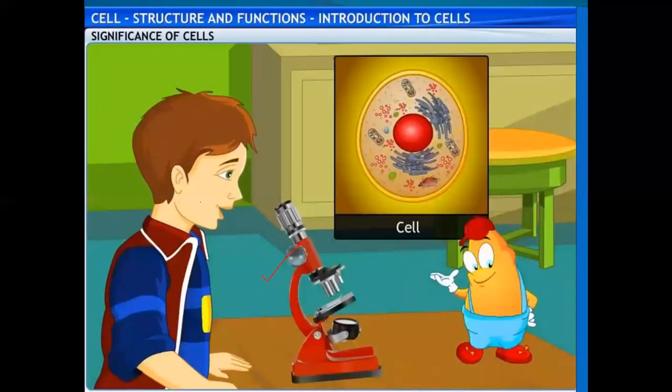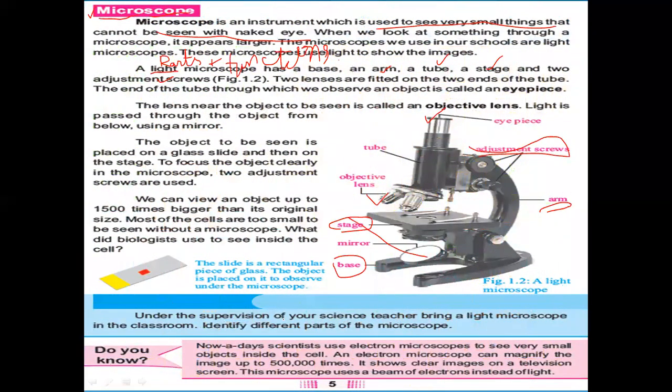You see here, this boy is looking into the microscope from here. This is called the eyepiece because we keep our eyes here to watch the things inside. The eyepiece has one lens here and the other lenses here at the bottom. Those are called objective lenses. One, two, and three types of lenses are there, which means different magnification. We can change these lenses to see the image bigger and bigger.